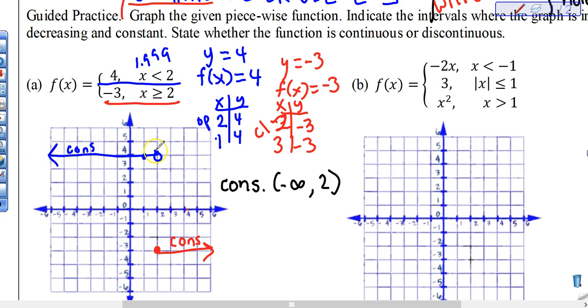And then it gets to 2, and what happens? It drops. And then it's constant again. So you have to use a union to indicate that even though it's constant in both parts of the domain, it's not constant left to right forever. It's constant for a while, and then it drops, and it's constant again. So anytime there's a break, you have to use a union.